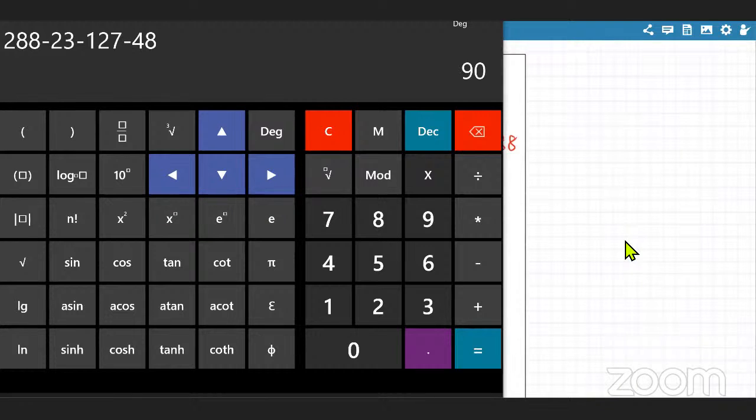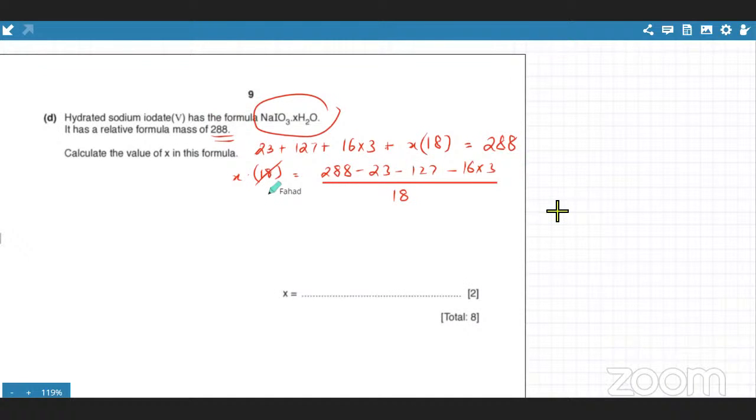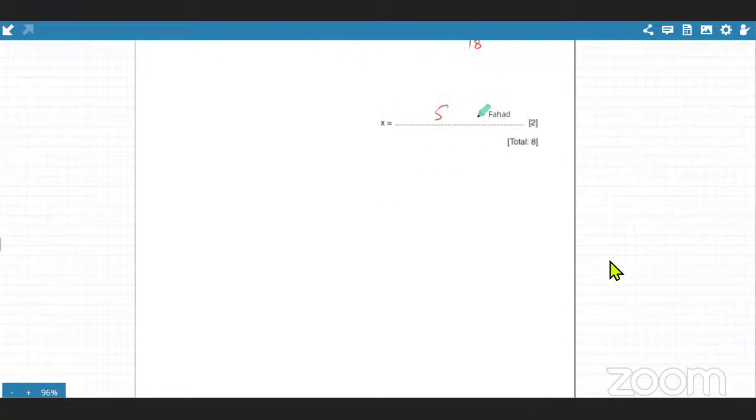And I'm getting 90. I have to divide 90 by 18, and that gives me a value equal to 5. So X over here is 5. We're done with this part of the question. X is equal to 5.